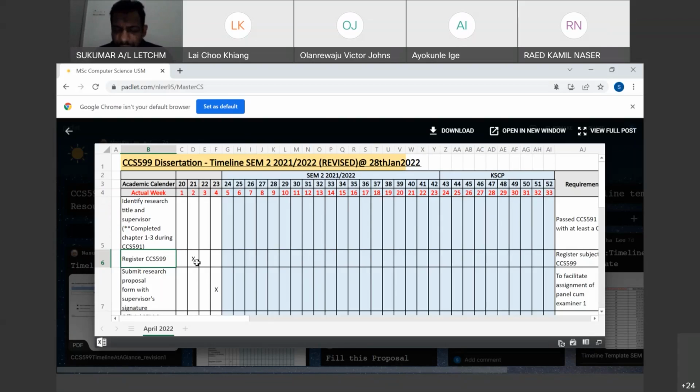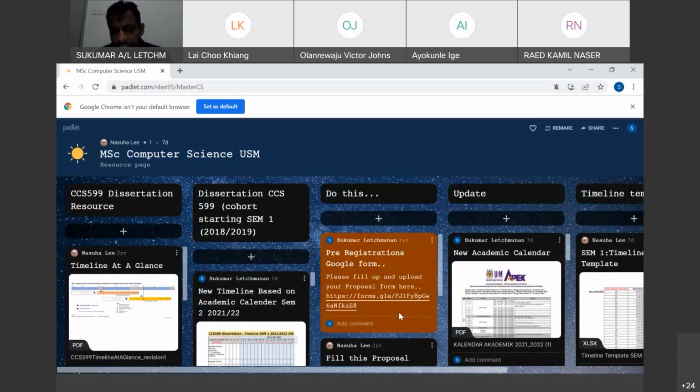Sometimes some students have a funding problem, a delay in the funding to pay and all that. For that reason, we ask you to do this pre-registration. Sometimes it's not that straight away in week one you already know that you are ready, or you may be thinking of taking CCS 599, but you're not registered yet officially. You understand? So for that reason, we want to know that you have the intention.